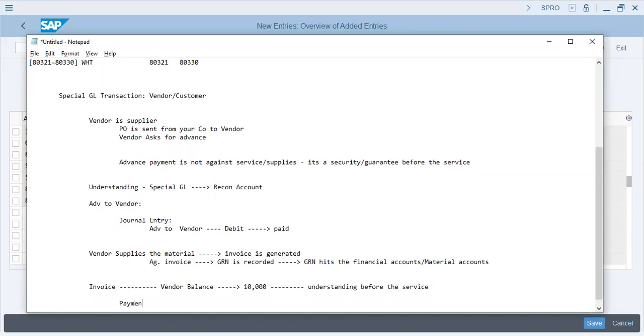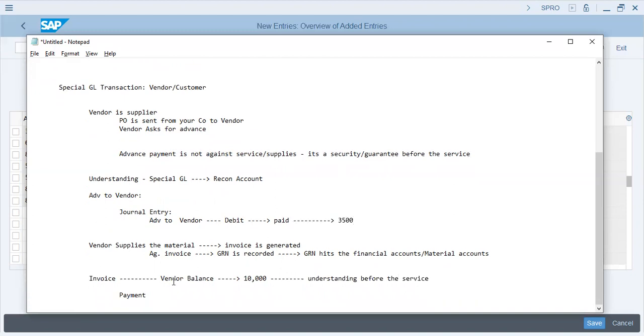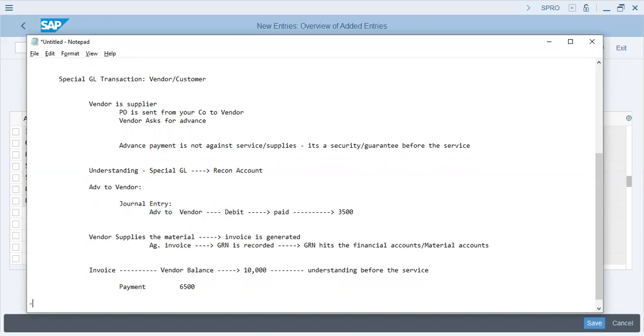So upon payment, the understanding was like 3,500 and outstanding is 10,000. Now payment will be 6,500. Okay. So the journal entry is recorded or captured by special GL, not by vendor module, submodule.